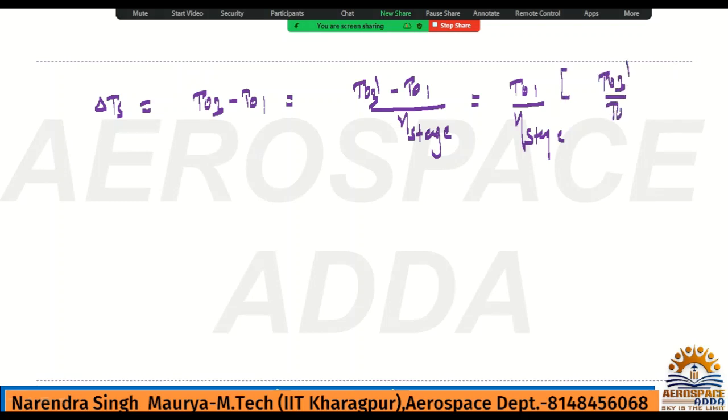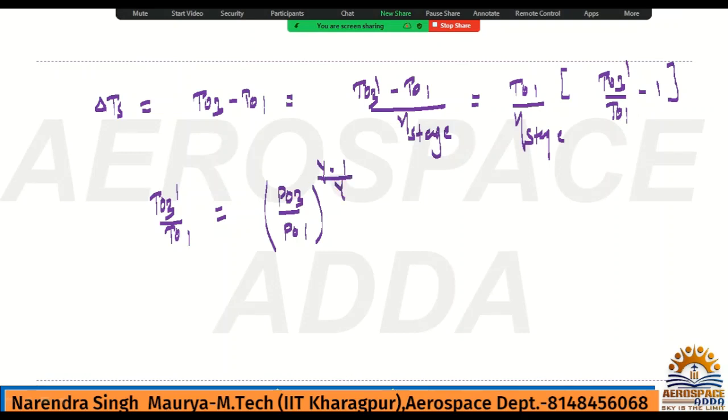T03 dash over T01, and we know it can be replaced by the pressure ratio, P03 divided by P01 to the power (gamma minus 1) by gamma. This is the isentropic relation. We can place this value here. Okay.